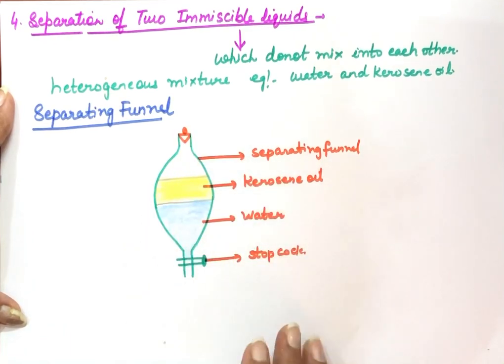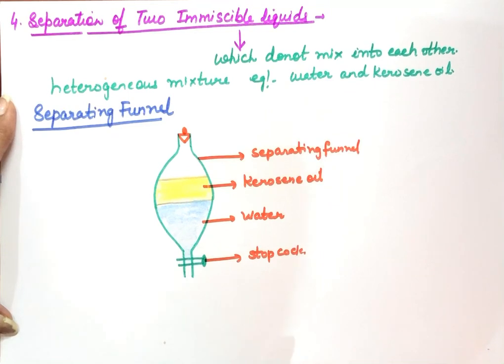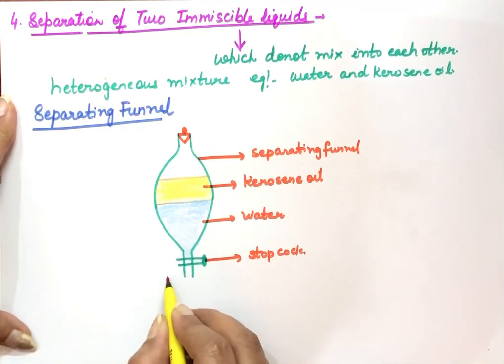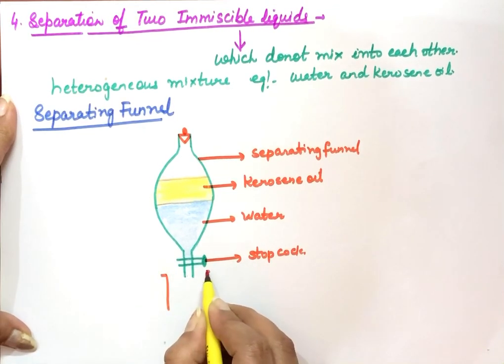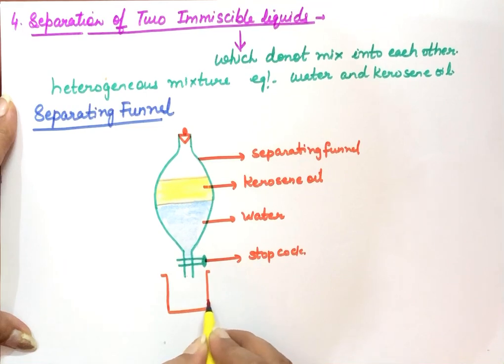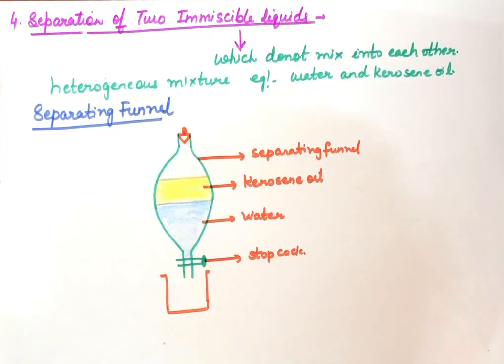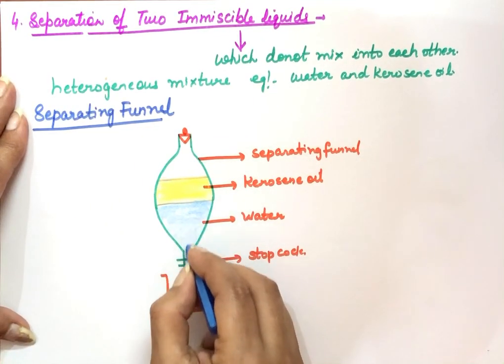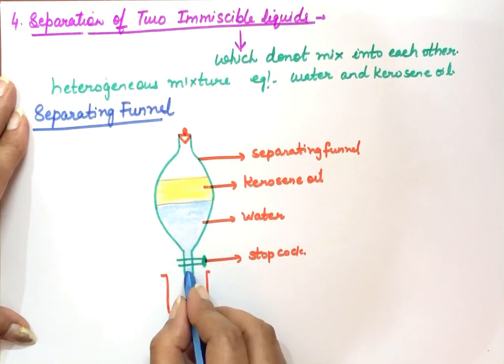After taking this mixture, we close the separating funnel, shake it and leave it for some time. After that, before opening the stopcock, we keep an empty beaker under it. When you open the stopcock, which liquid will start coming out? Of course, the water will start coming out because it is at the lower part.